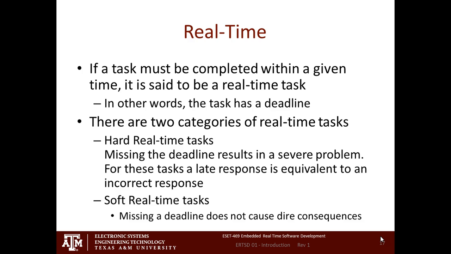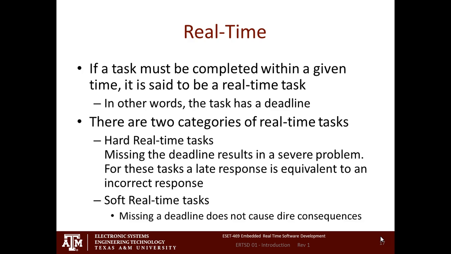If you have a cell phone voice response system in your car, and you say, phone, dial the office, and that doesn't happen right away, I'm annoyed, but I'm not dead.